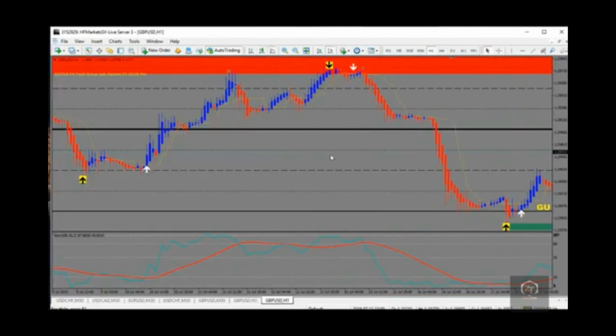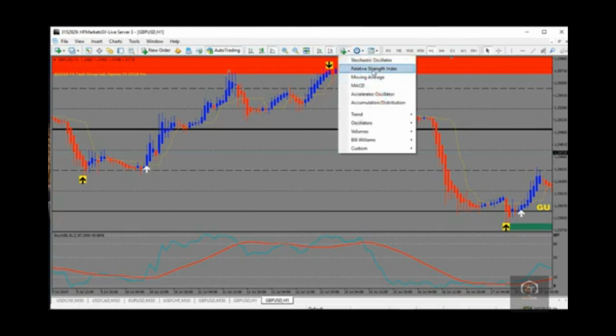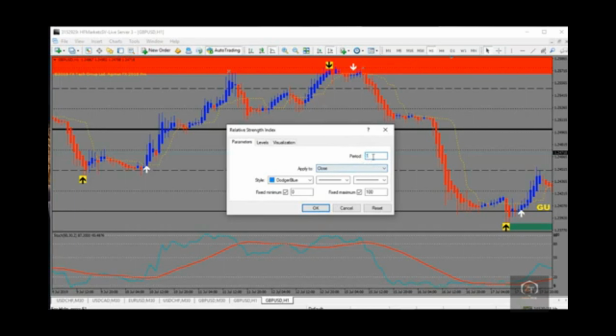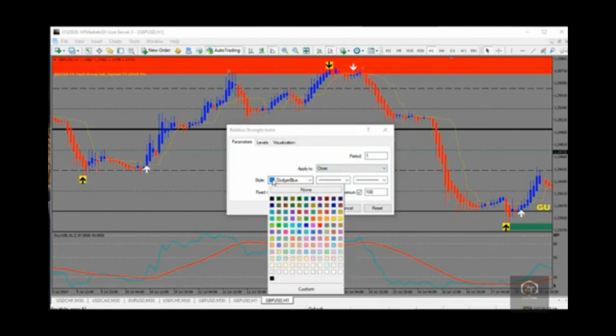The first thing you need to do to set up the Payapa strategy for oversold and overbought, or for your trend reversal using Agimat on a higher time frame, is to add RSI, relative strength index. Put the period to 1, apply to close, leave others at default, choose your color.